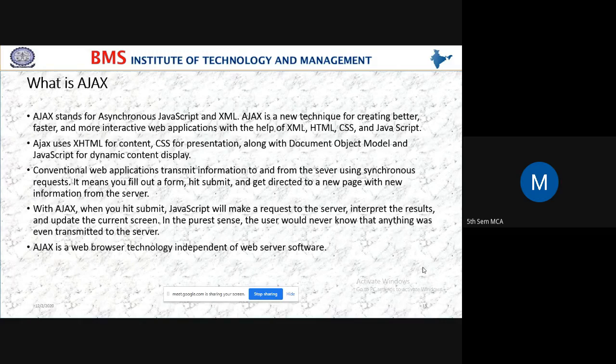Whichever tags are necessary, whichever are mandatory to run a program, those tags we use. If you want to display an image in your website, then we use an image tag. If you want to display tables or a hyperlink, then we use the hyperlink tag and table tag. With respect to the program, we first see what the problem statement is. Based on the problem statement, we use different tags in the HTML program.